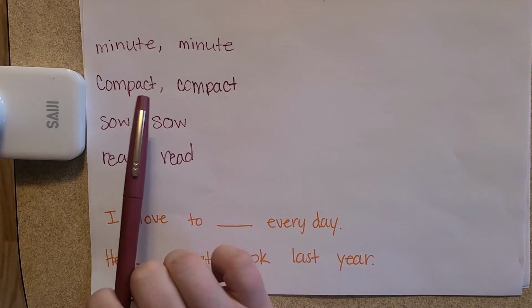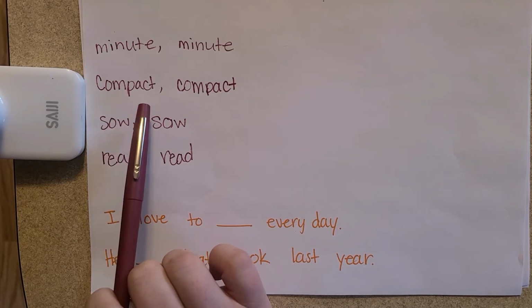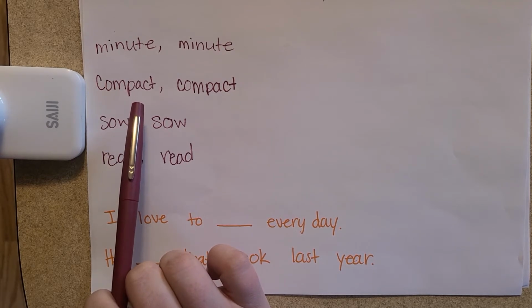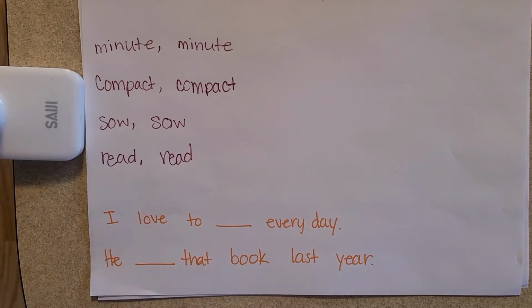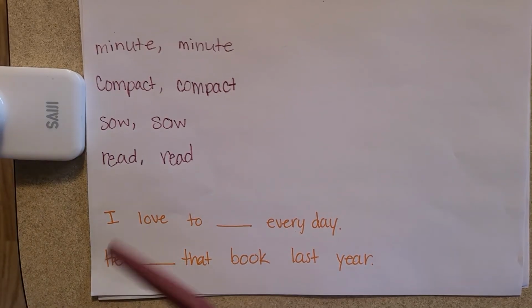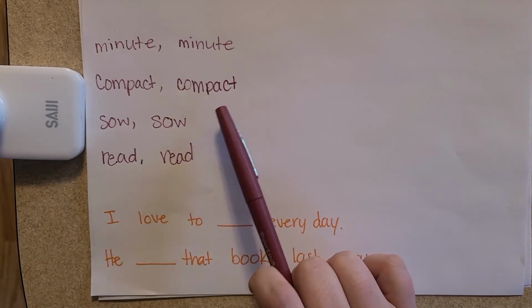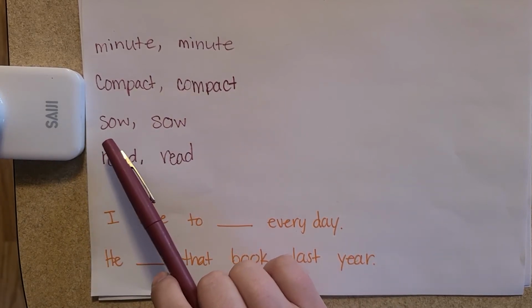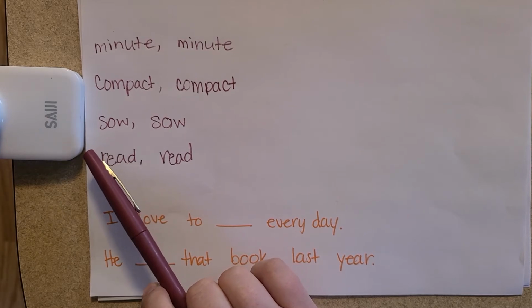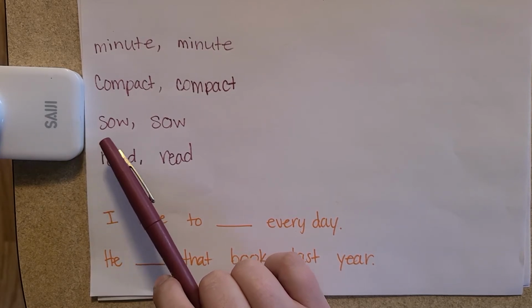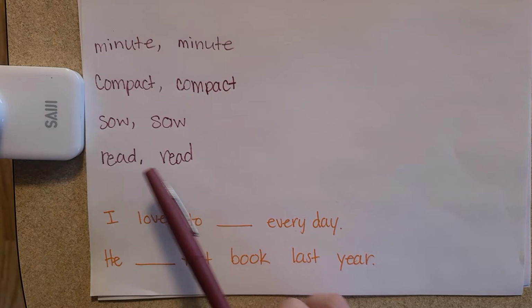Compact is to make something really small and dense. Compact would also be a formal agreement, like the Mayflower Compact. Sow means, with farming, like you're sowing seeds into the ground.